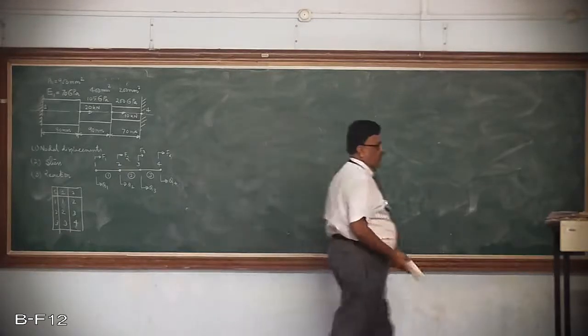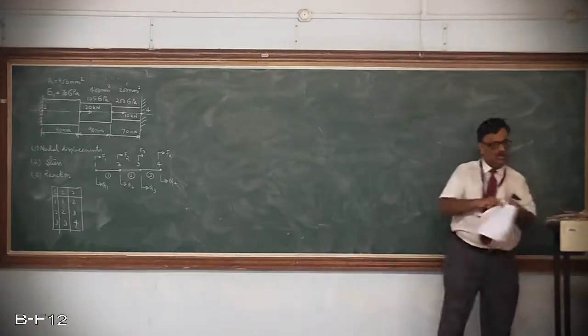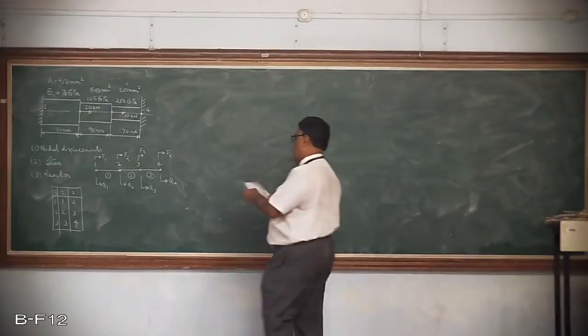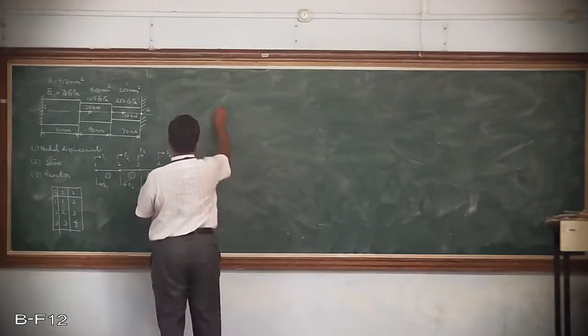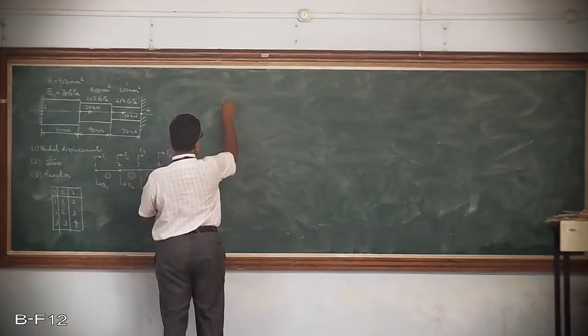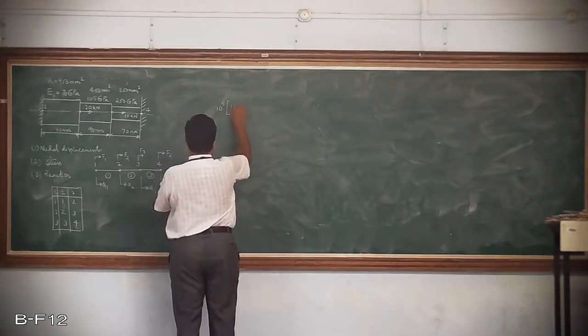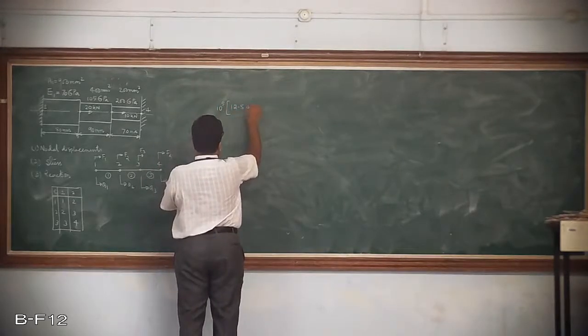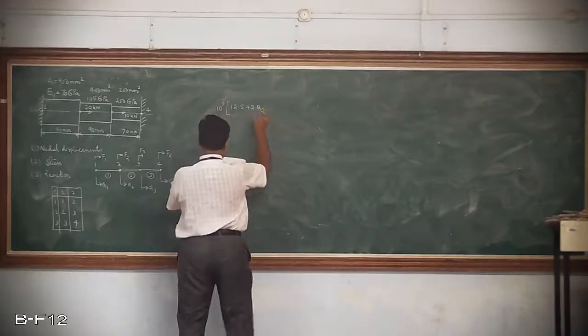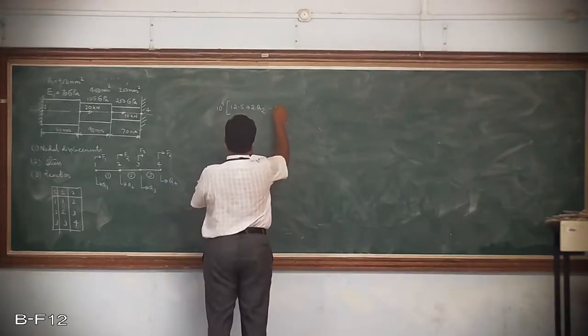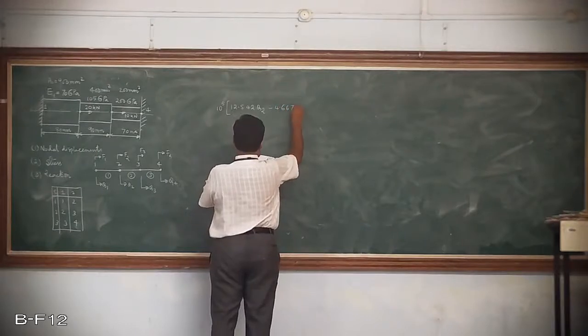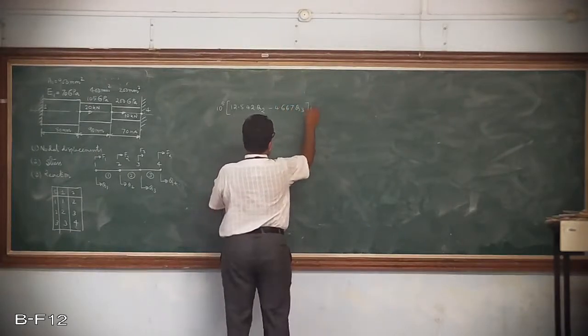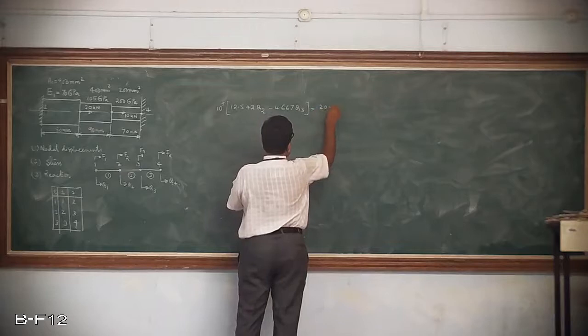See, for solving the simultaneous equations, once you got this, it can also be done like this. For example, 10 raised to 5, you can keep it outside. This is 12.542 Q2 minus 4.667 Q3 is equal to 20 into 10 raised to 3.